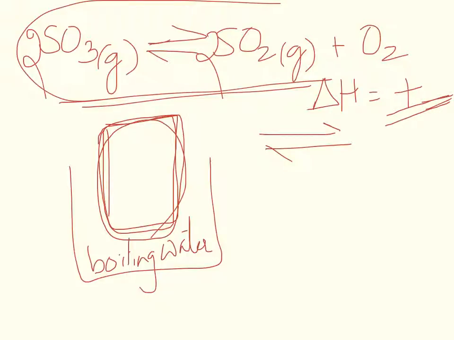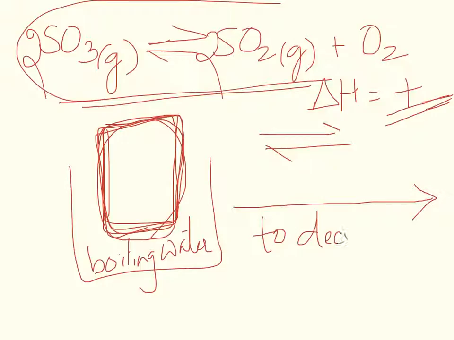What does endothermic mean? It means that as it moves in the forward direction, temperature decreases. Because you created that disturbance by increasing the temperature, the system wants to decrease its temperature. So what will it do? The equilibrium will shift in the forward direction to decrease the temperature, and that's how it counteracts the disturbance that you have made.